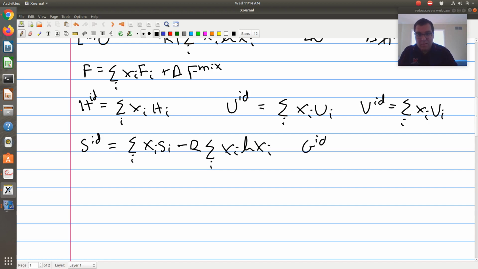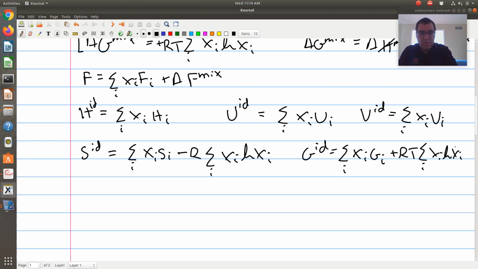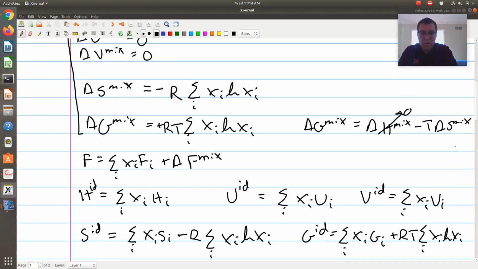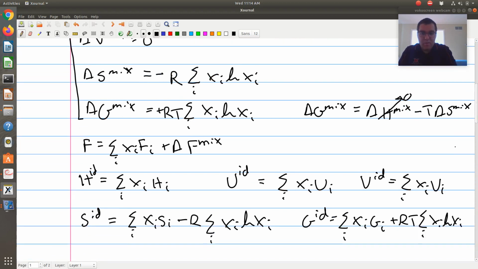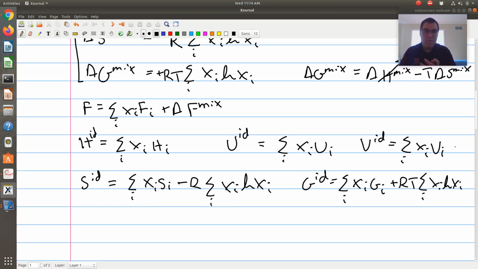G ideal, the molar Gibbs free energy of my ideal solution, is going to be the sum over i of x_i g_i plus RT times the sum over i of x_i log x_i. So we have our expressions for property changes upon mixing in an ideal solution, and for enthalpy, entropy, internal energy, molar volume, and Gibbs free energy in an ideal solution.